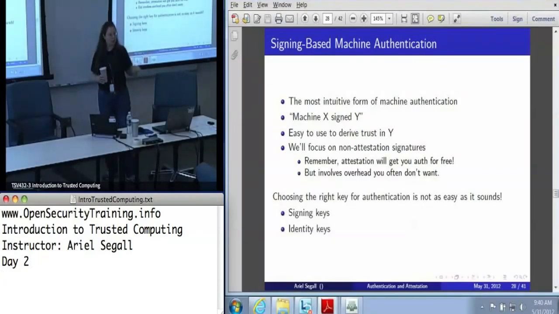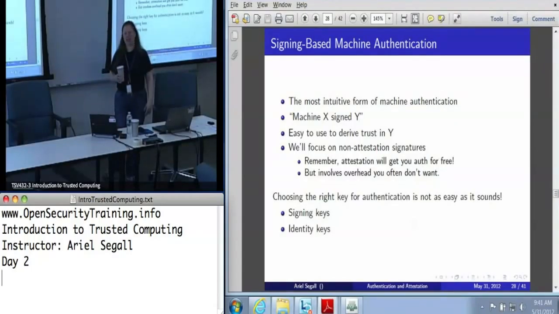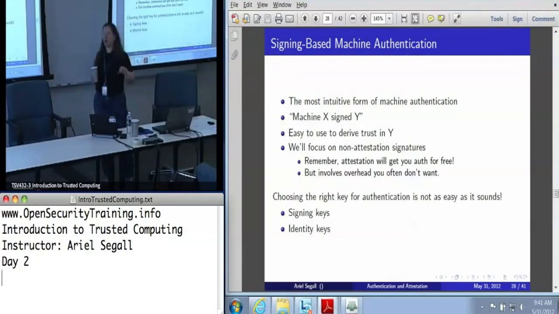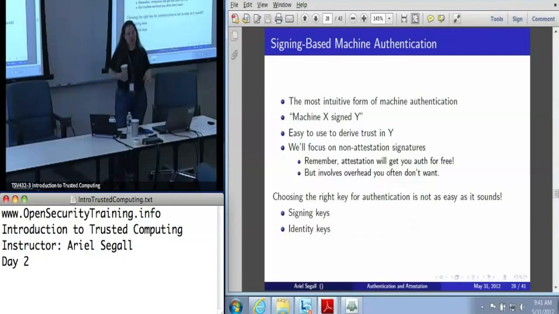So here, our focus is going to be on the non-attestation signatures. If you're doing an attestation, you really do just get authentication for free. Because after all, you know the state of this machine, maybe it came with some data attached, you've proved the machine. Here, we're going to talk about the scenarios where you don't want the extra overhead of state information. And keeping in mind how fragile PCRs are and how hard they are to interpret, that's actually pretty frequent.